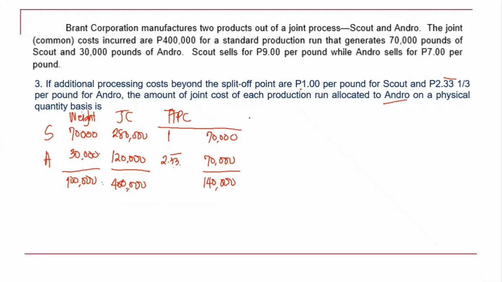Kaya pag tinanong ang unit cost, we have to add yung joint cost and additional processing cost. Kasi di ba, para matapos yung product, you have to process further. So in that case, ang total na na-incur natin for S, that would be 280 plus 70, 350,000. Di ba? And then for A, 120 and 70,000, 190,000. So ang total cost natin ay 540,000.